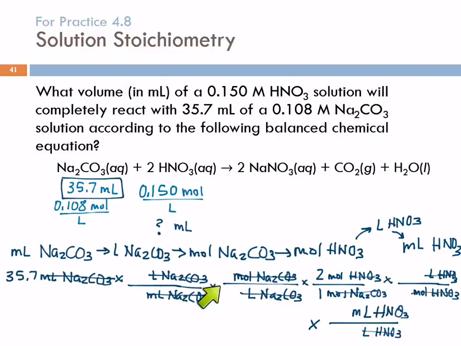So this moles per liter here, that's the concentration of that solution, 0.108 moles per liter. And as I often did, I didn't leave enough space, so I'll stick it in there like that. 0.108 moles per liter.